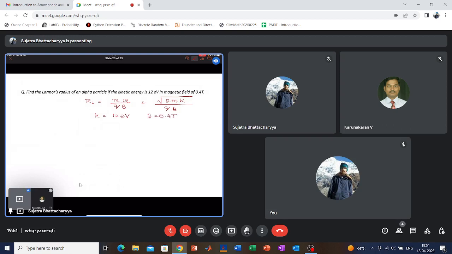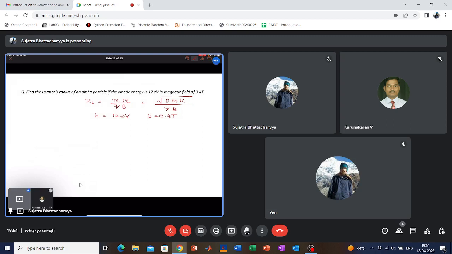Even if the angles are also given, it does not matter, because when the kinetic energy is given, you don't need to take the component, because it's a scalar. So you just put the values and get the result.